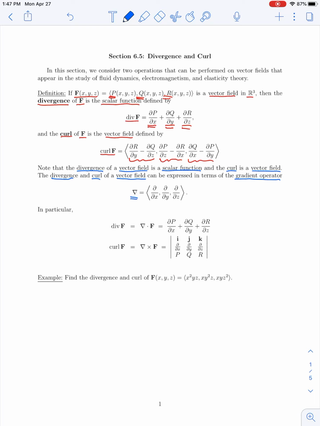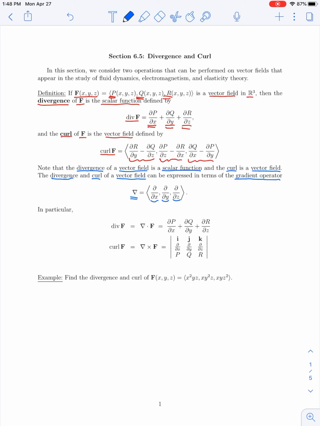It's this little upside down triangle, which is the operator, or the 3-dimensional vector function, where we are differentiating the first component with respect to x, our second component corresponds to the partial derivative with respect to y, and our third component, the partial derivative with respect to z.